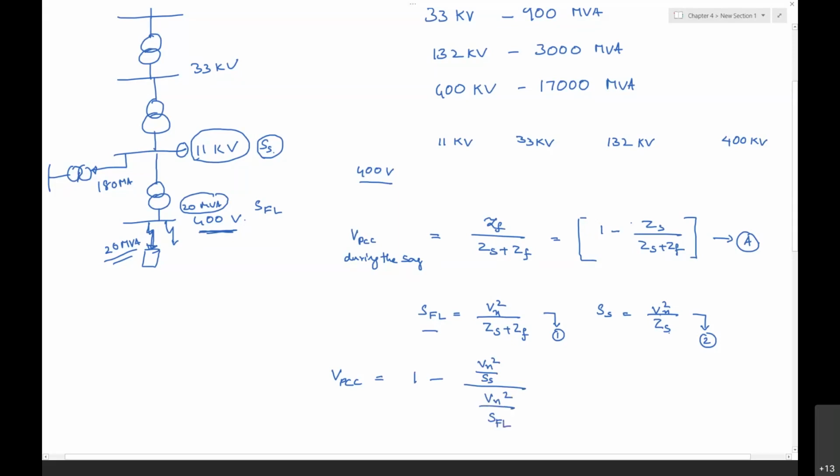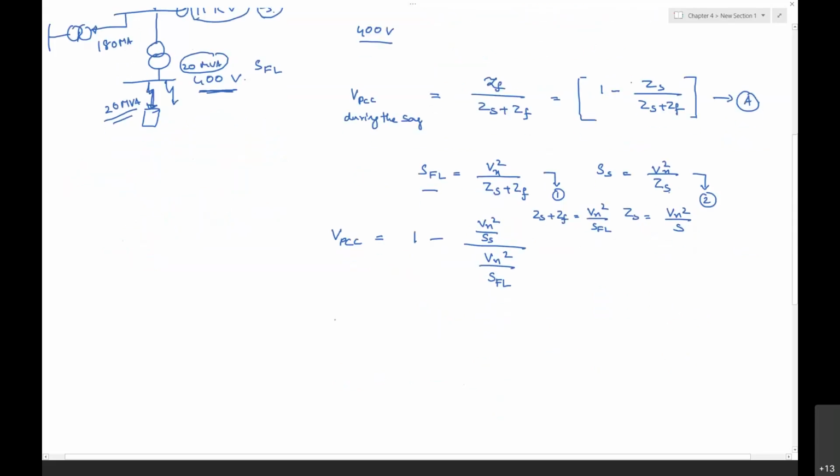ZS is equal to Vn square by the source MVA, whereas ZS plus ZF is equal to Vn square by SFL. With this substitution, the PCC voltage is equal to 1 minus SFL, the fault level MVA, by the source MVA.